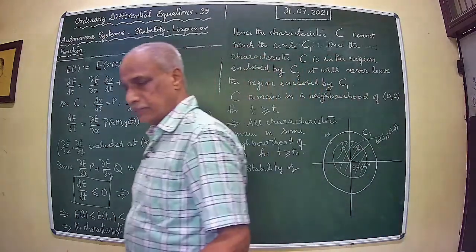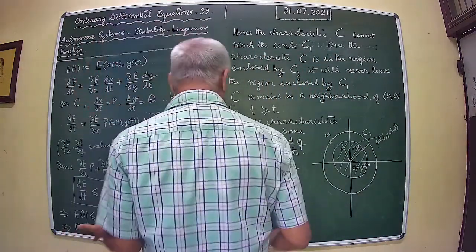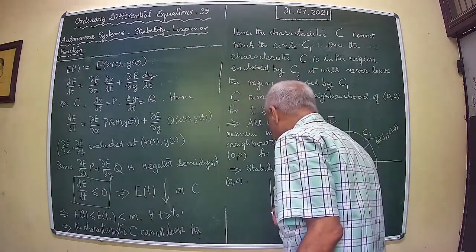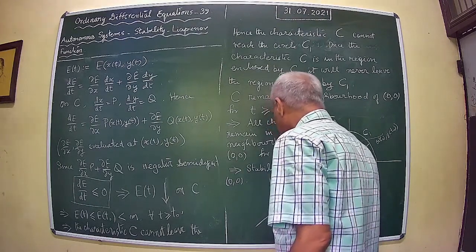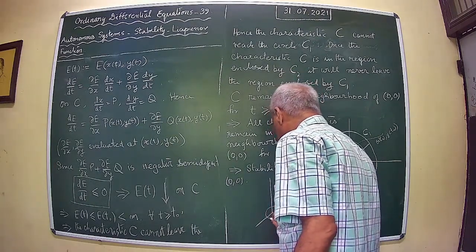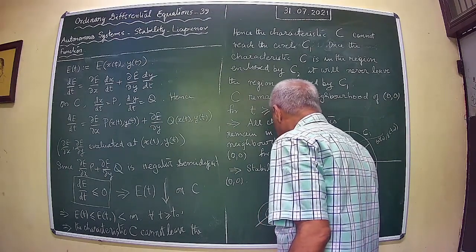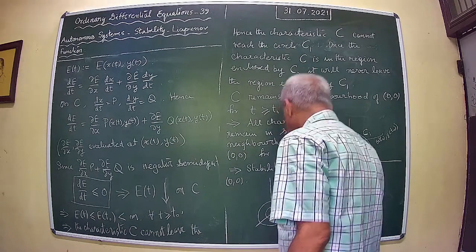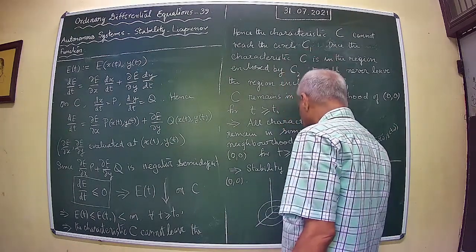So let me draw the picture. So what happens is this. This is the xy plane. Now we have these circles that I have drawn here. This is C1.